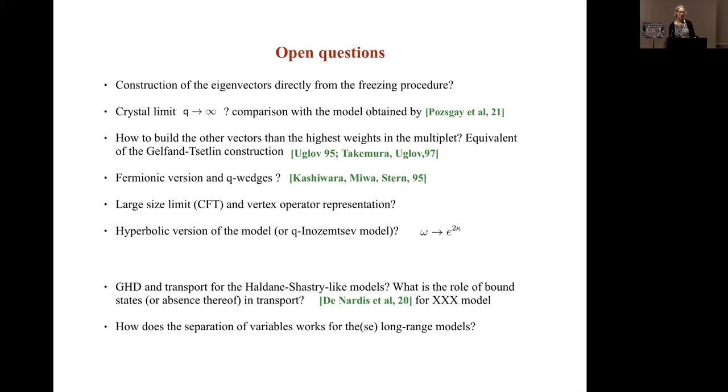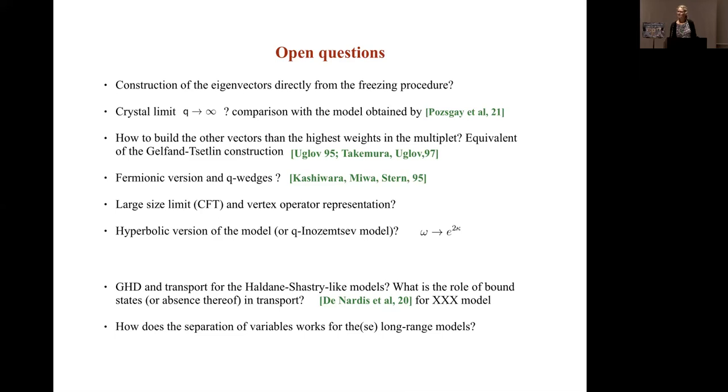We don't have antiparticles in the model, which is an important ingredient of ADS-CFT. The ADS-CFT model is a field theory, and as such it has antiparticles. Hopefully, at some point, we'll find a long-range model which has antiparticles, but we're not yet there.